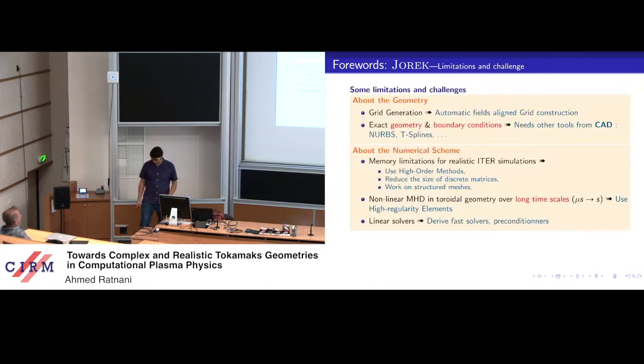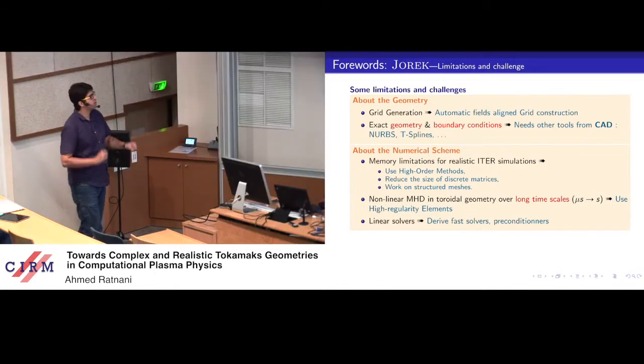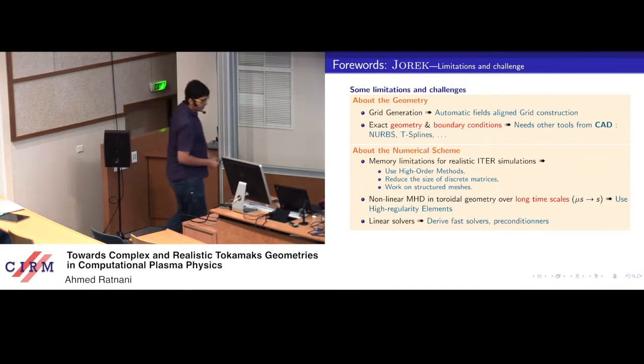Okay, so here are some limitations of the current version of Jorek. One of the problems is the geometry. At the moment, the grid generation is not automatic, and it is done locally. So we have to stick all these elements together.